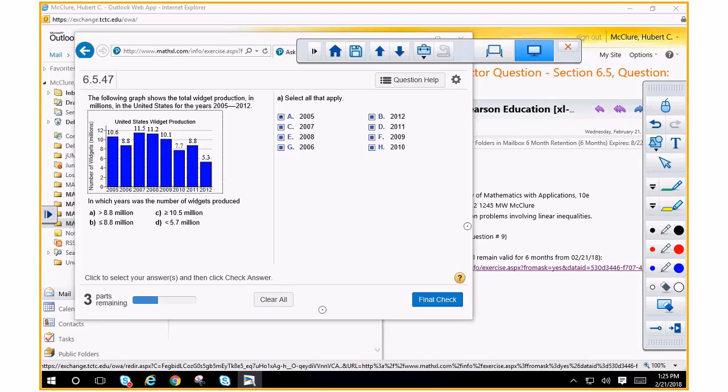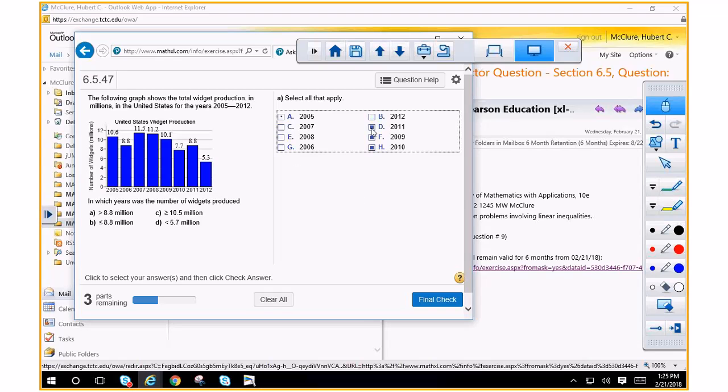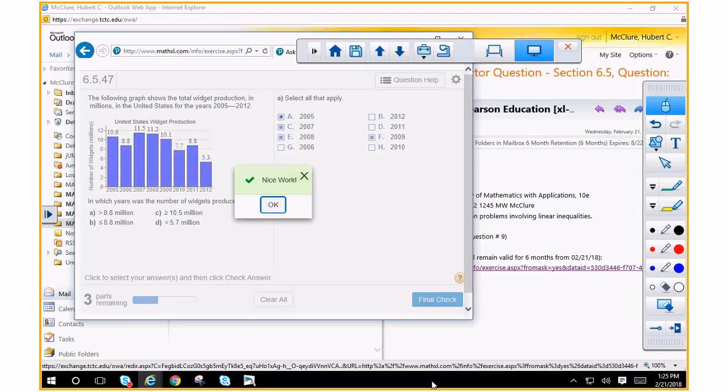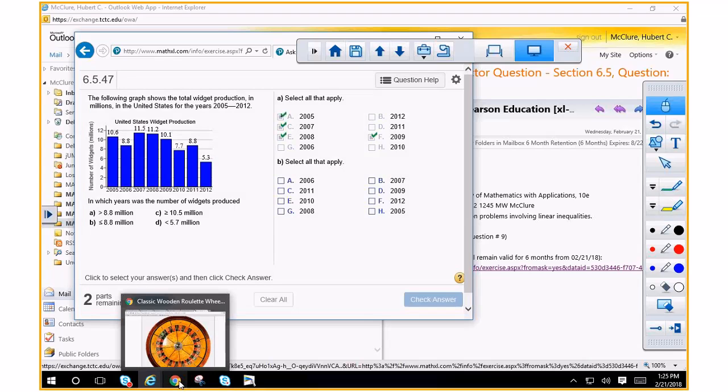Why isn't it working? 2005, 7, 8, and 9. Nice work. Select all that apply.